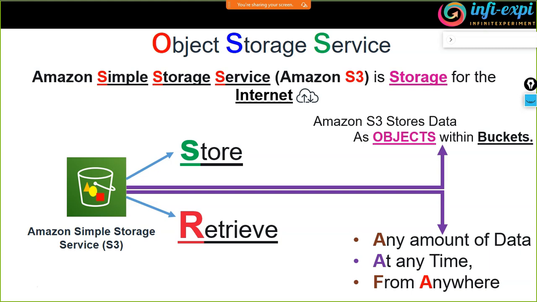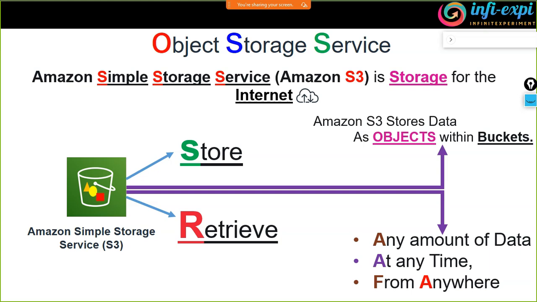Since it is accessible via the public internet, you can access that resource from anywhere at any time, and you can persist any amount of data. There is no limitation actually, but cost involvement will be there.